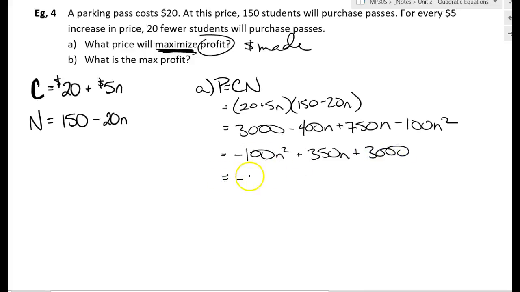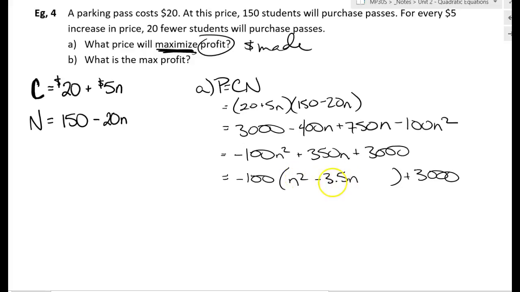I'm going to factor out 100. Leave me with n squared, and I'm factoring out a negative, so that changes the sign in here. And that's going to leave me with 3.5n plus 3,000 out here.